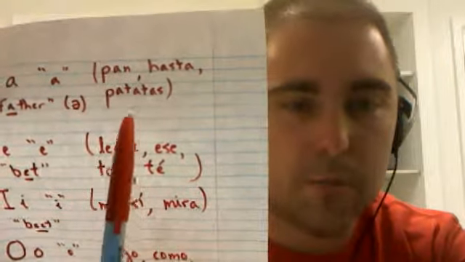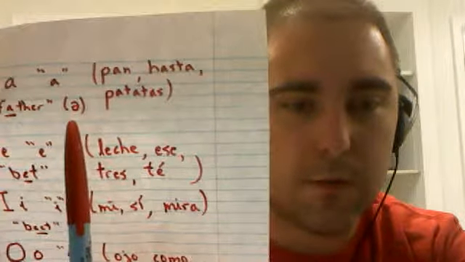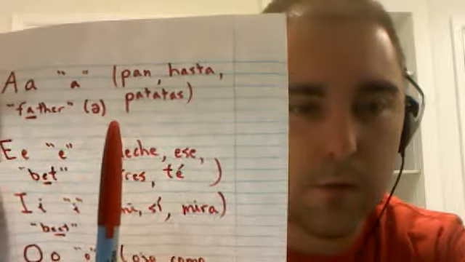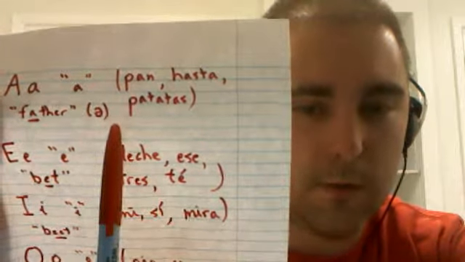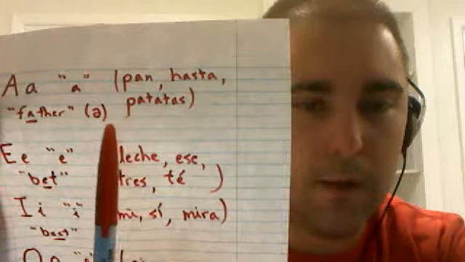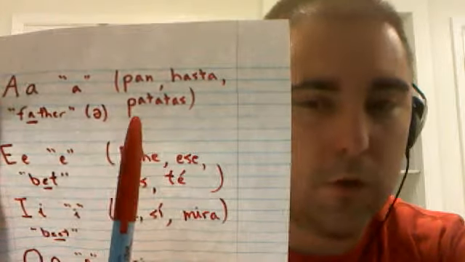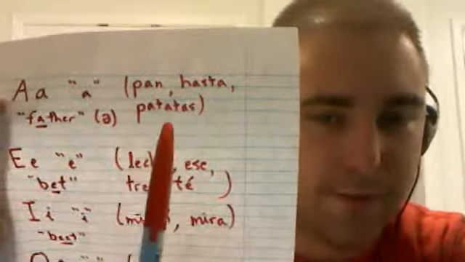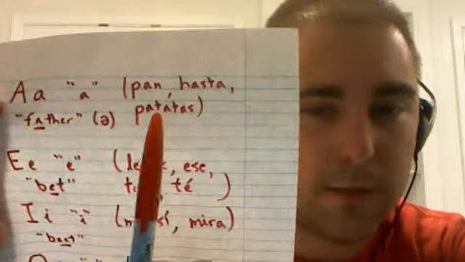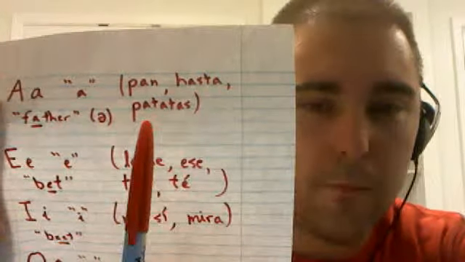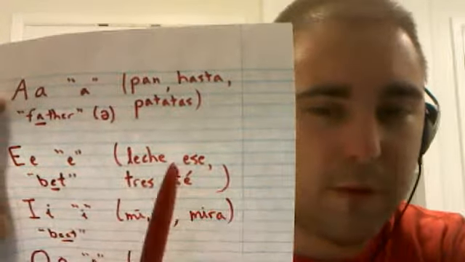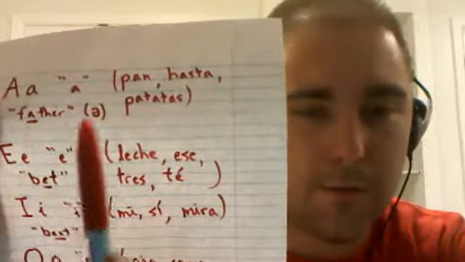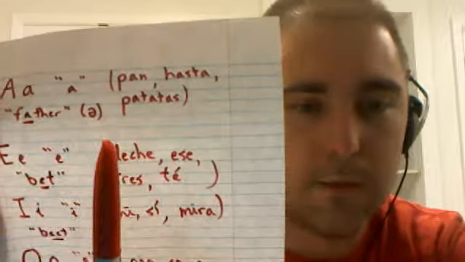Now, sometimes this letter will take on a schwa sound, but it's not as acute in Spanish as I just pronounced. So, for example, in this word patatas, I'm sure you can hear it, patatas. It's sort of a blend between the two sounds, so patatas.